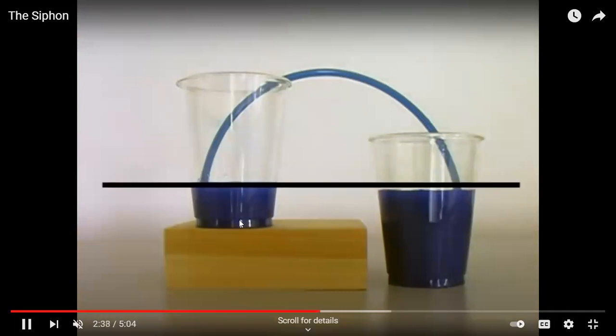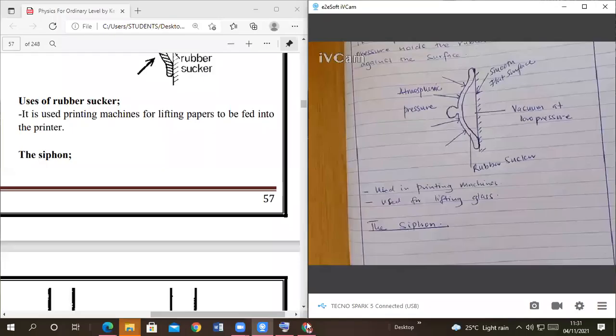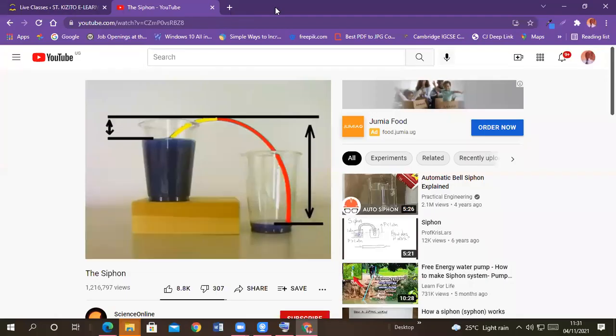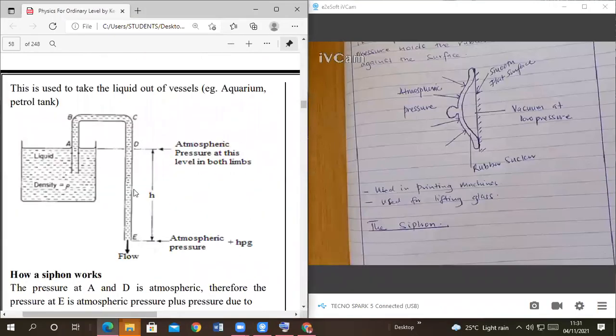the way you have seen this diagram, which is here, let me first show you this diagram that is here. The way you see this diagram, there is a certain height h here. That height h has got a liquid inside, and it means that this liquid is also matter.